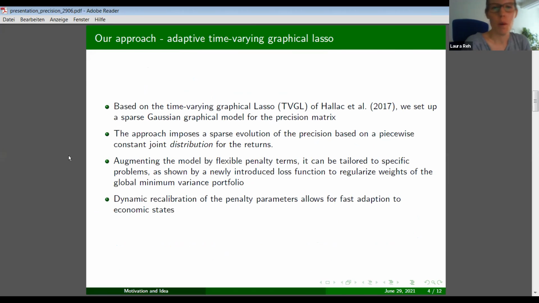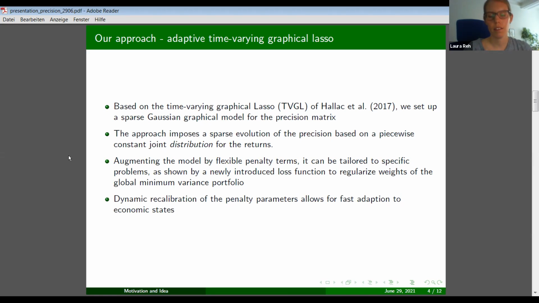So finally, our approach, the adaptive time-varying graphical Lasso. The baseline model is borrowed from a paper of Haslak and co-authors from the year 2017, who start from the standard graphical Lasso model for precision matrices, and they extend it to a time-varying dimension. We do not really have a dynamic model for the conditional distribution of the covariance or for the precision, like for the DCC.